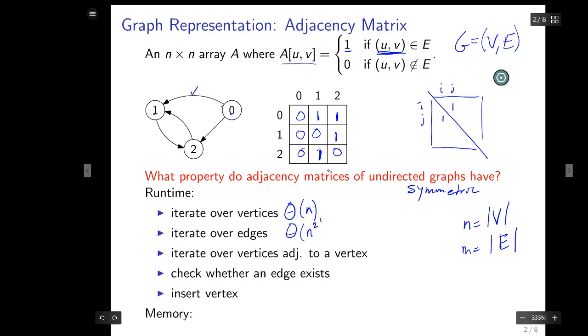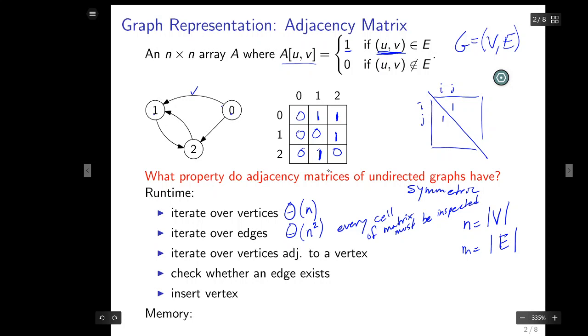In order to find all of the edges that are incident to a particular vertex, you have to check the entire row. You're going to find a lot of zeros and a few ones, but you have to check the whole row to find the edges. So every cell of the matrix must be inspected.